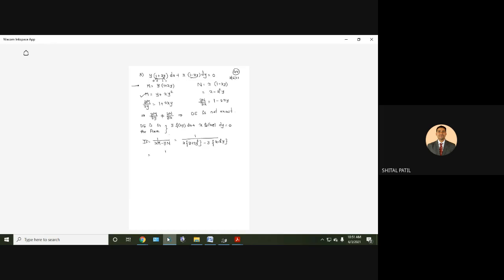Simplify. xy, x squared y squared, or you can leave the constant. Here only we can leave the constant: 1 upon x squared y squared. Why we can leave the constant? We'll understand.